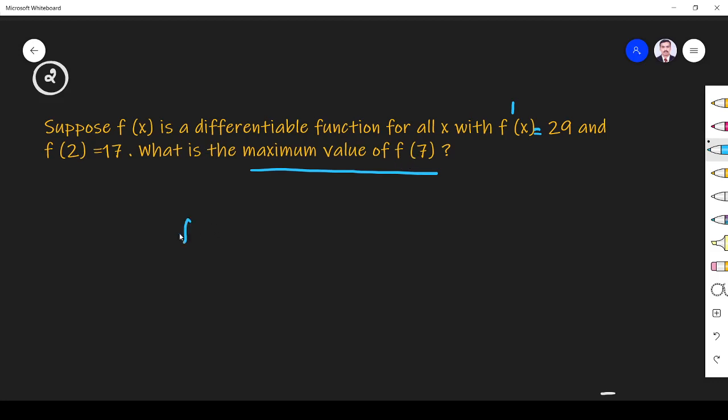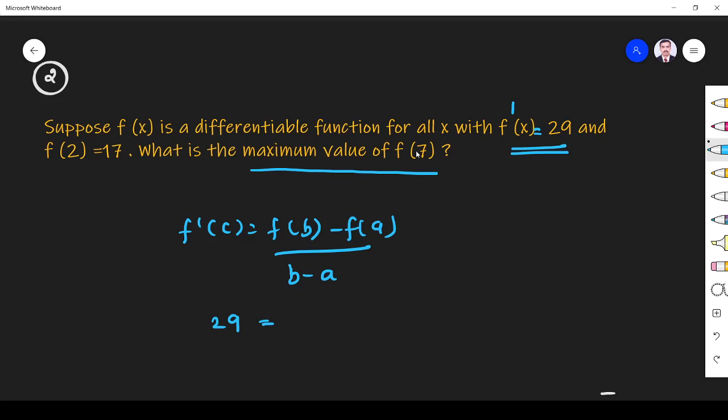So what Lagrange's theorem states, f dash of c is equal to f of b minus f of a divided by b minus a, right? So I can consider this as f dash of c, which is equal to 29. That is equal to f of b minus f of a divided by b minus a, where the lower limit is a equal to 2 and the upper limit is b equal to 7.